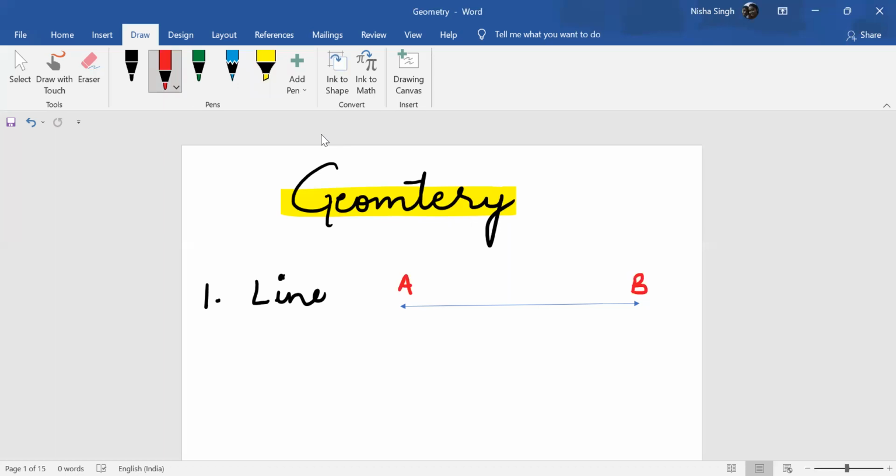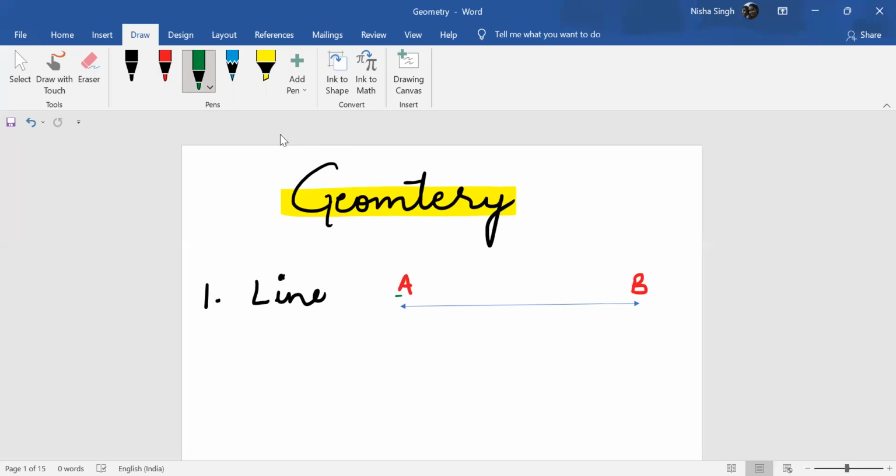So I have given names to the points. First, AB. So when we want to give a name to a line, we can say line AB, or you can give any name, line CD, XY, YZ. So you can give names according to you or the names which are given in the question.